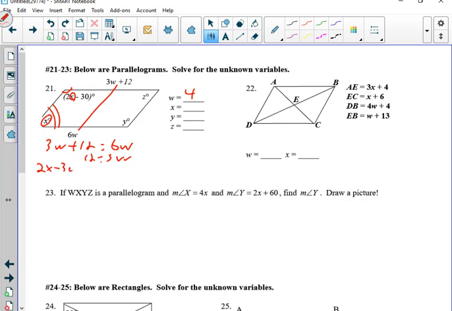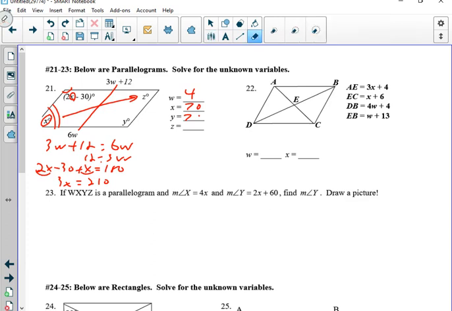So 2x minus 30 plus x equals 180. That's 3x. Add 30 to both sides, you get 210. Divide by 3, you get 70. So x is 70. Opposite angles are equal. That's not opposite, that's z. And we plug 70 in here. 2 times 70 is 140. Minus 30 is 110.